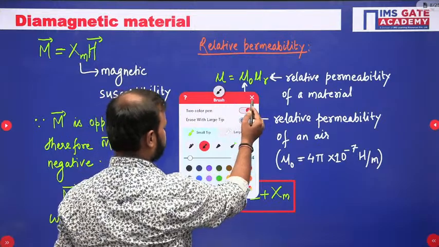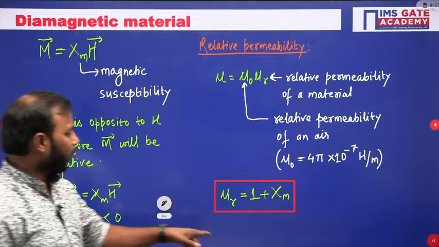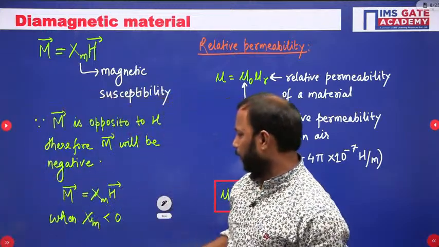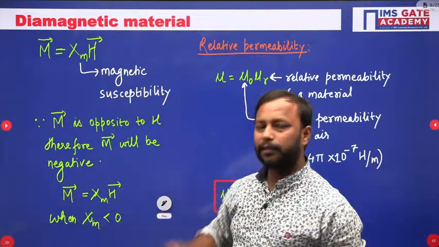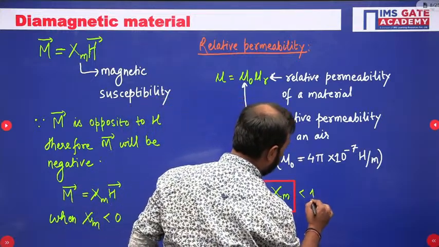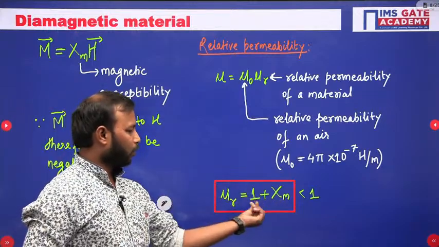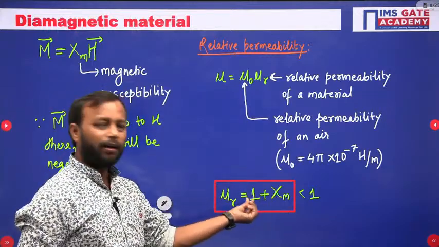Done. Now if you see, your chi m is negative. So can I say this is less than 1? Yes or no? This is because chi m is negative, so 1 minus something will definitely be less than 1.